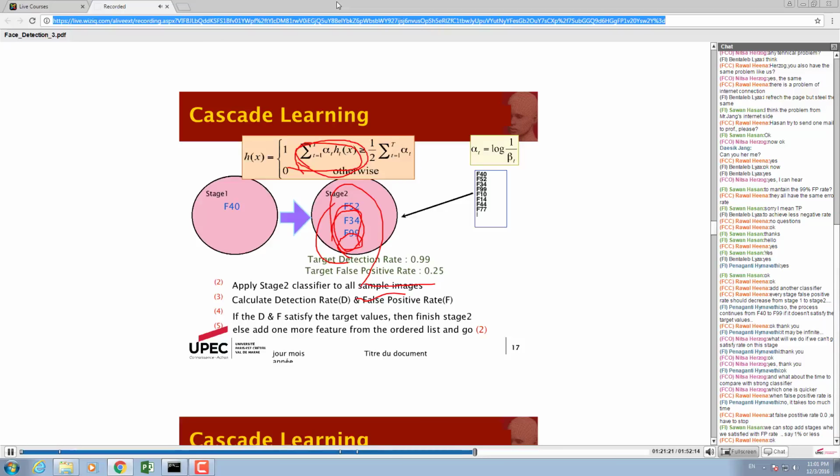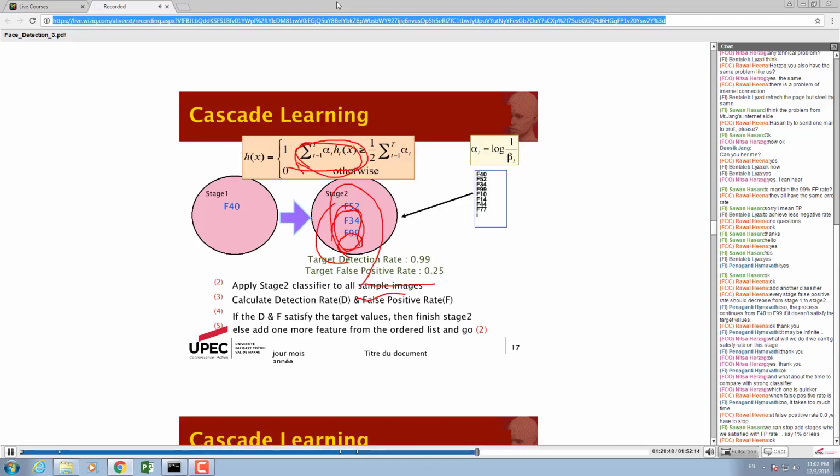So that number for the final stage is regarded as the target false positive rate of the whole cascade. In this way, every stage should have its target, because all of them have the same detection rate, right? 99 or 99.5 percent.